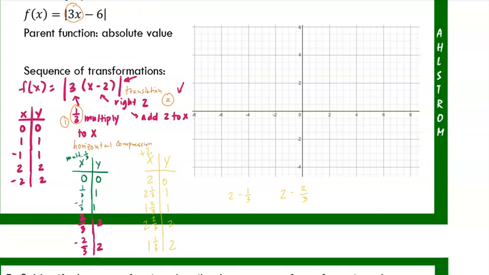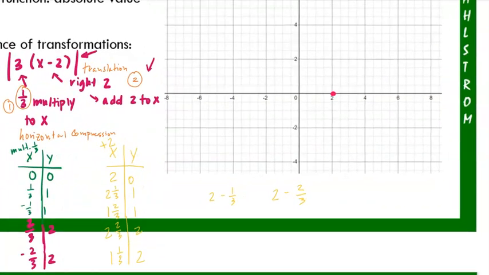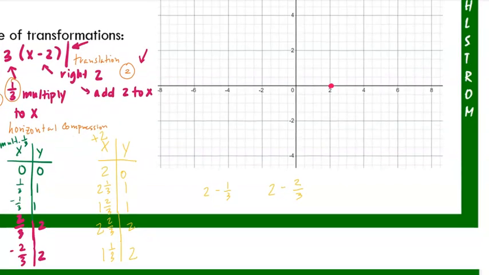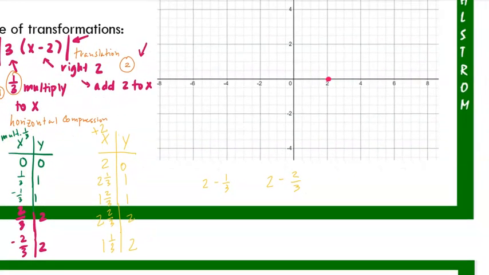When I plot those points, we have 2, 0, and 2 and 1/3, 1. I don't want to use those points because they're going to make my graph kind of funky. So 2 and 1/3, 1, somewhere there.